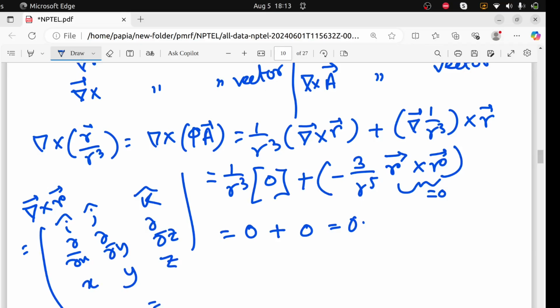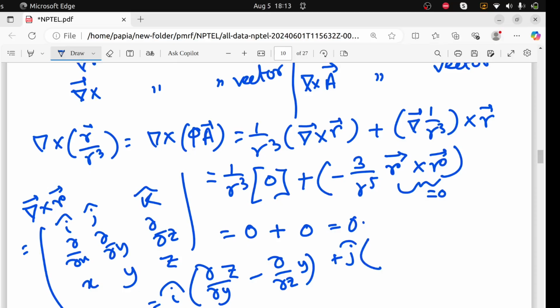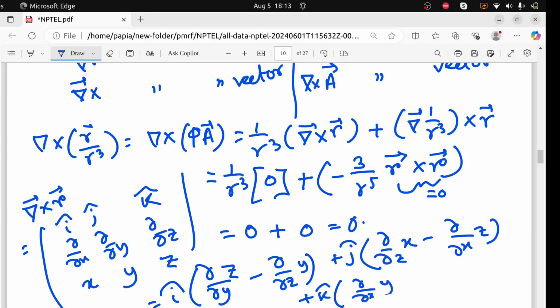Okay. So now you can see our I cap value: if I want to calculate it, it will be del y of z minus del z of y, plus j cap, del z of x minus del x of z, plus k cap, del x of y minus del y of x.